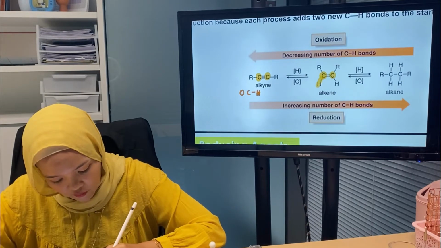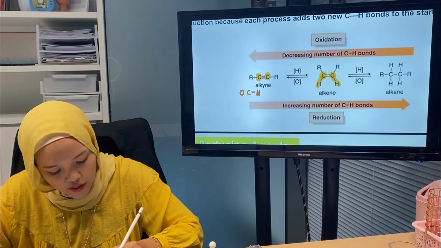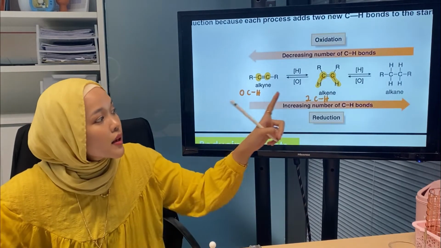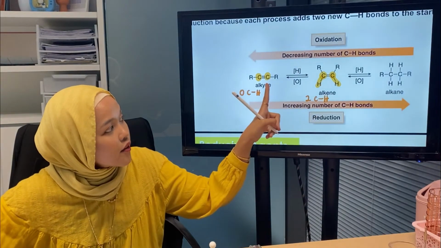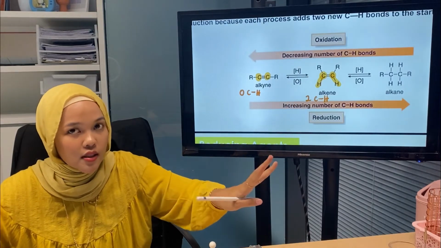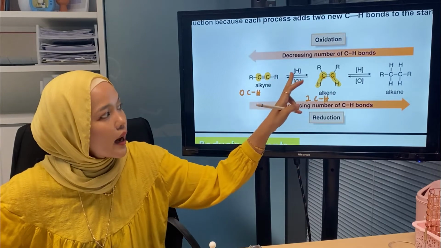So you see, you have 1 carbon-hydrogen, 2 carbon-hydrogen. So here you have 2 carbon-hydrogen bonds. So you increase the number of carbon-hydrogen bonds. Of course, you do not add any oxygen and so on, but you still have addition of carbon-hydrogen.